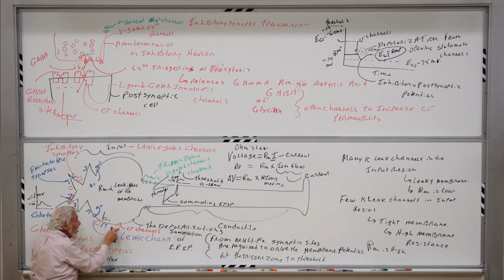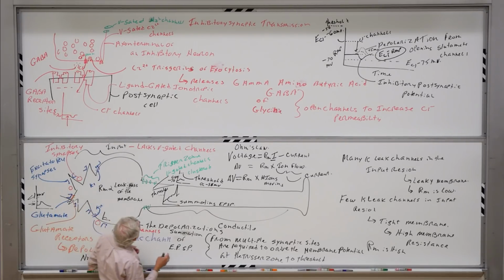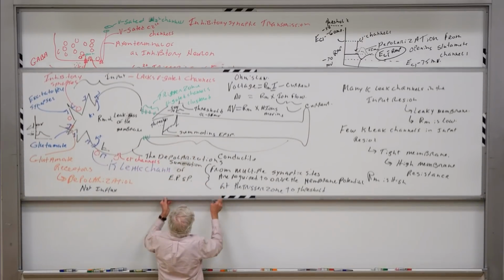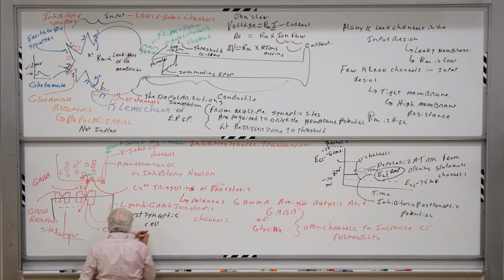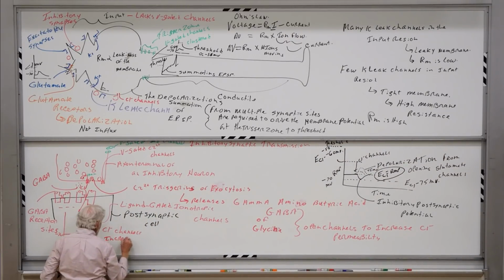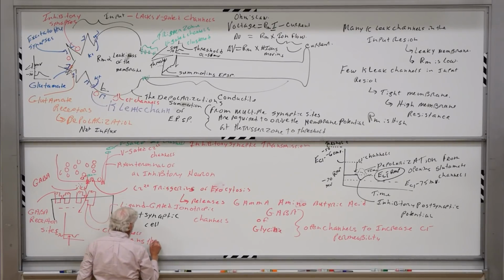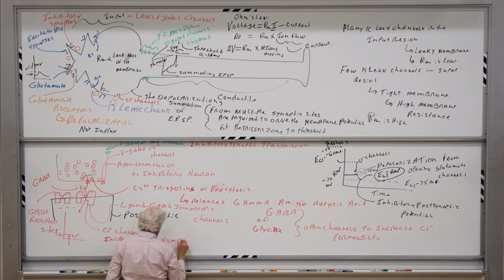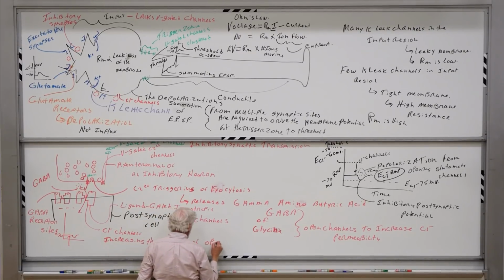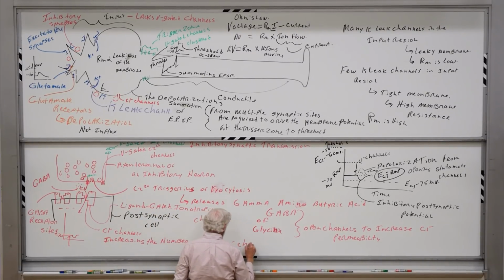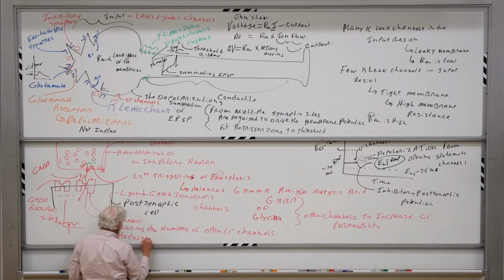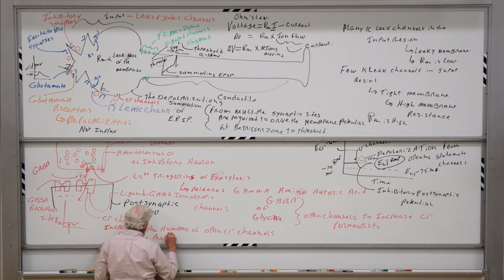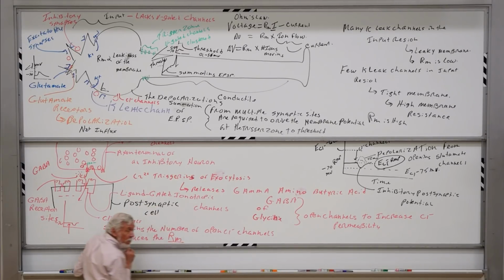But what we're doing here is adding chloride channels. I'm running out of room, but we can say up here that increasing the number of open chloride channels reduces the membrane resistance, R sub m.